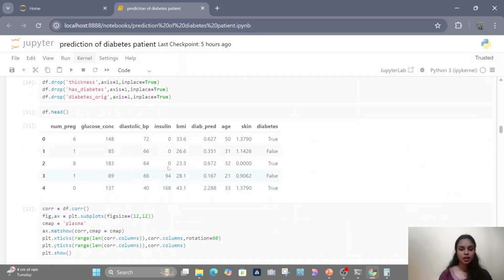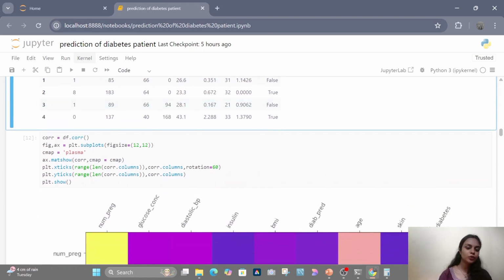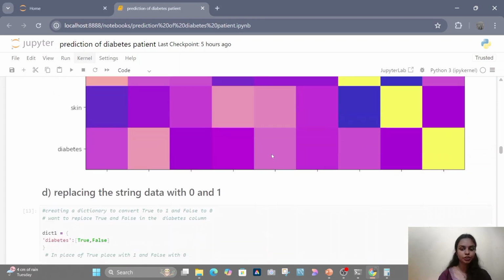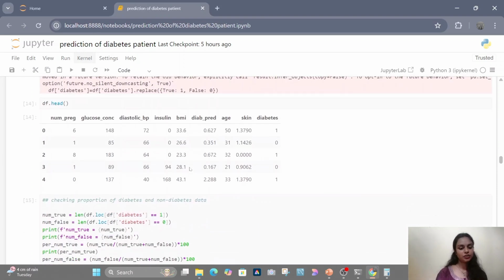Next step is here: in this diabetes column, these values are string values. So next we'll convert those string values into zeros and ones. I have written that if the diabetes value is false, replace it with 0, else replace it with 1 using the replace function.